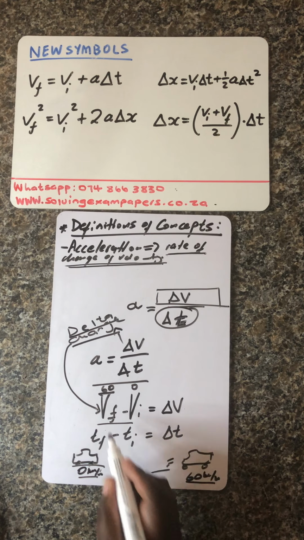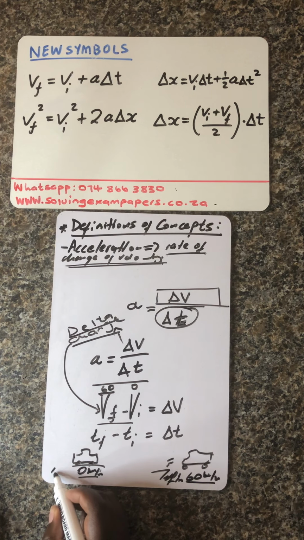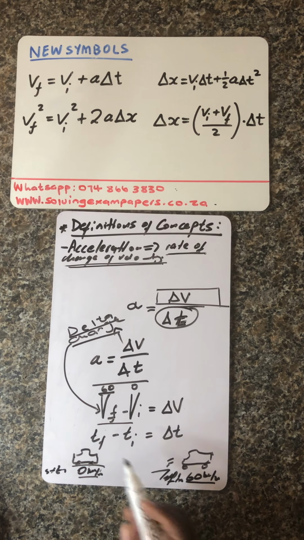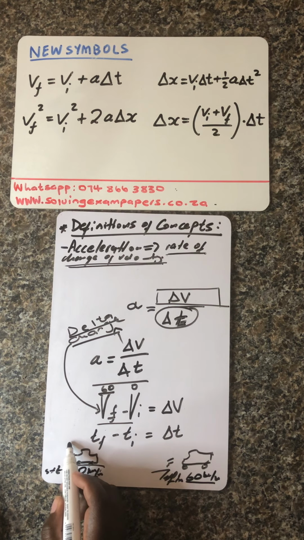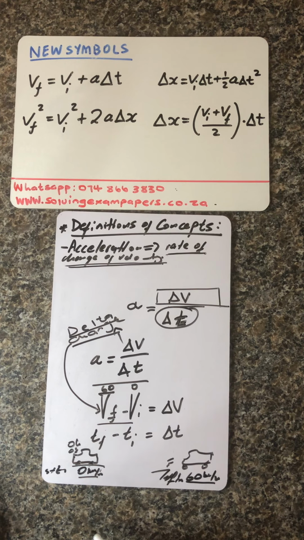So it's more like final refers to the finish or last part, and then initial represents the start of the scenario. Okay, so same with time. Remember, because you're starting at this point, then it means time is, let's say, 0 hours, or 0 seconds, whatever the unit of time is in that particular scenario.